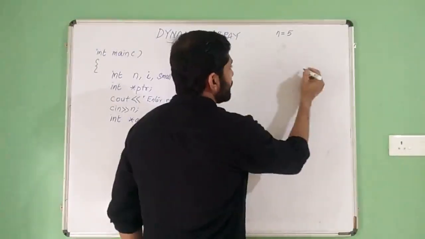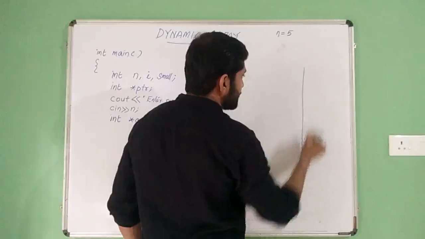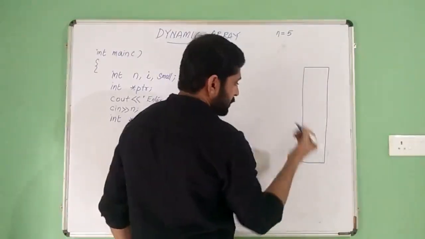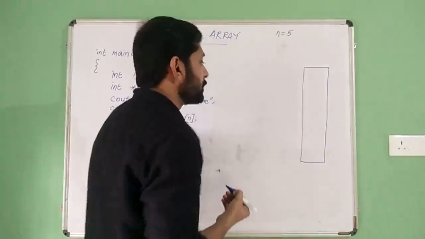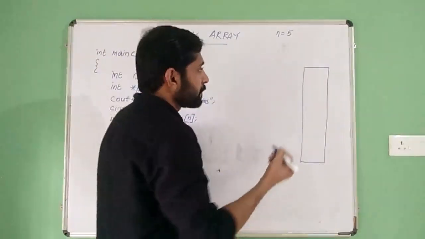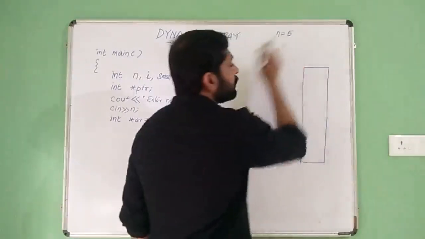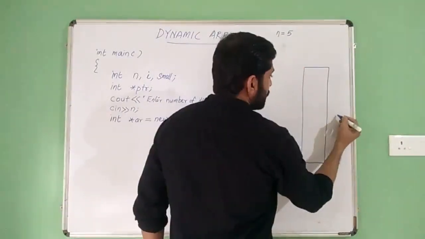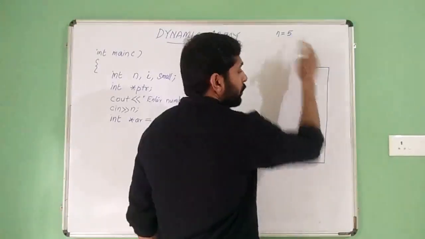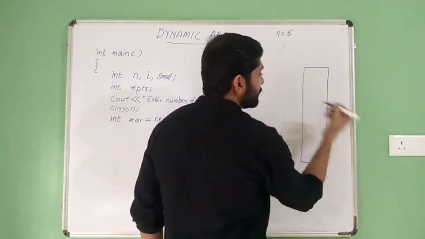Then, since it is an integer and we are handling with the GNU Linux GNU compiler, so n into 4, that is 5 into 4, 20 bytes will be reserved.